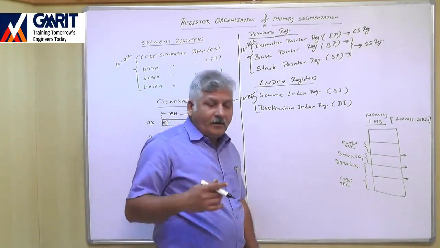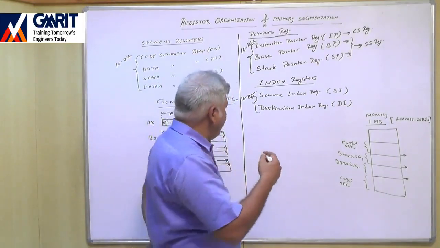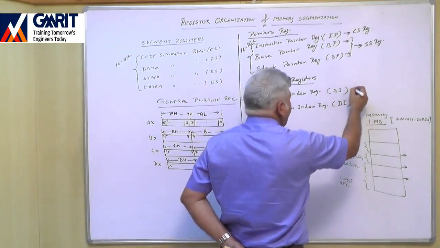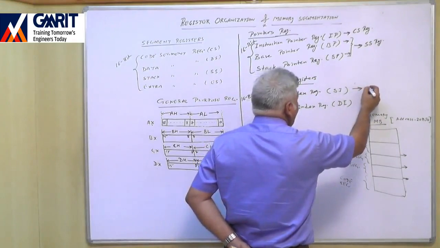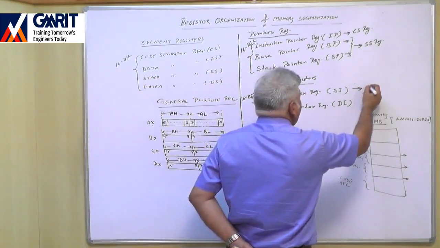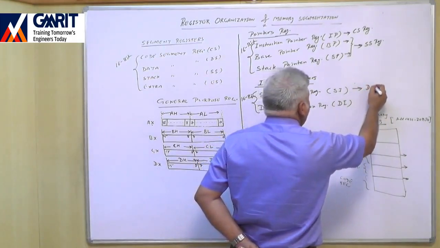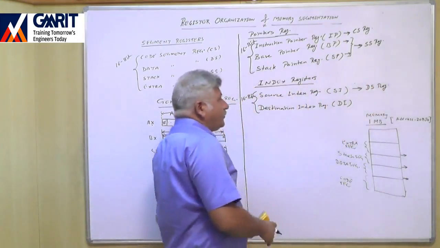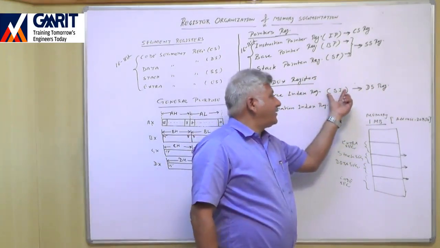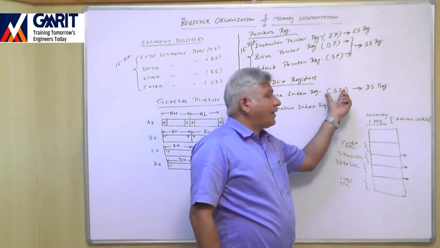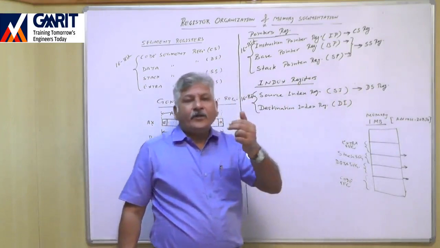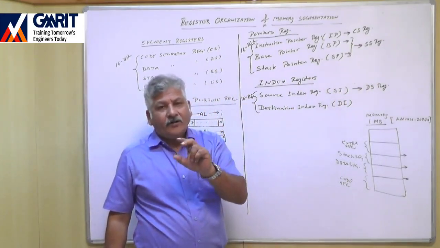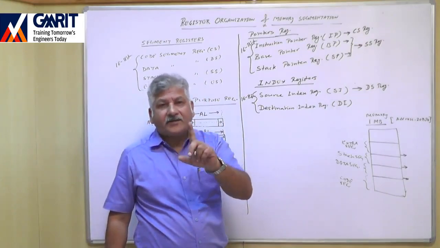Now under default condition, you just understand this: the SI register is always associated with the data segment register. SI is used to calculate the physical address of our data which we have stored in the data segment.